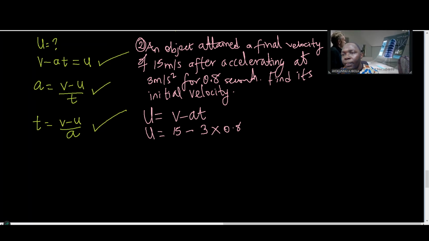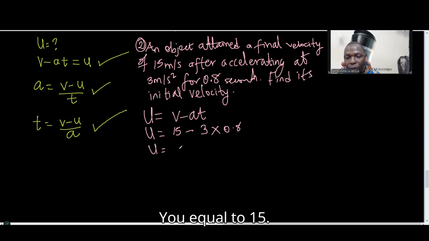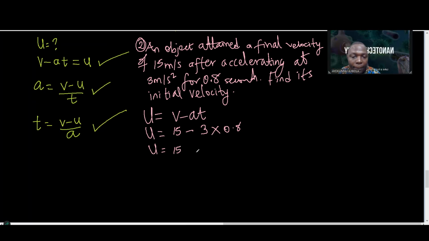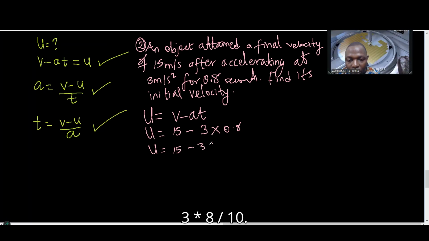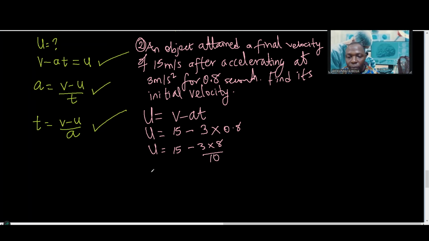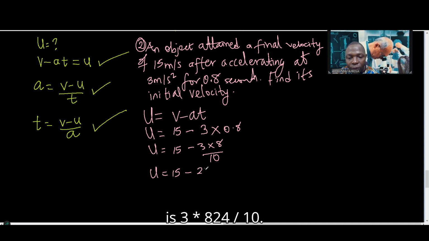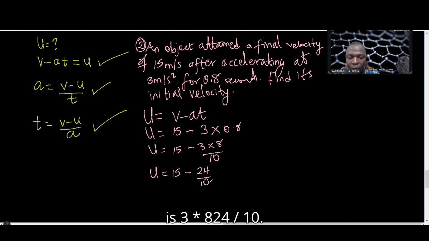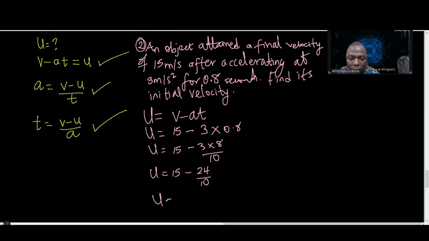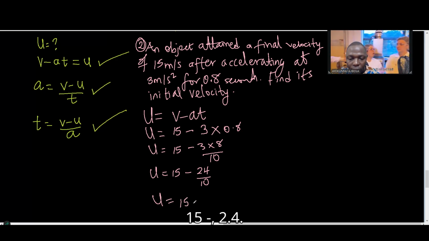So what I'm going to have is u equal to 15 minus 3 times 8 over 10. U equal to 15 minus, what is 3 times 8? 24 over 10. U equal to 15 minus 2.4.